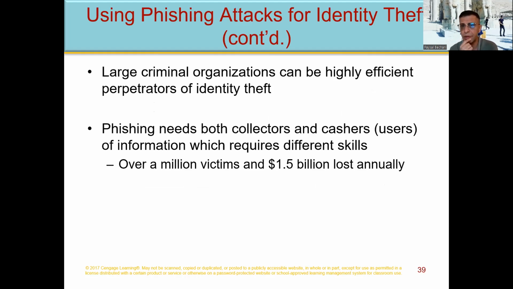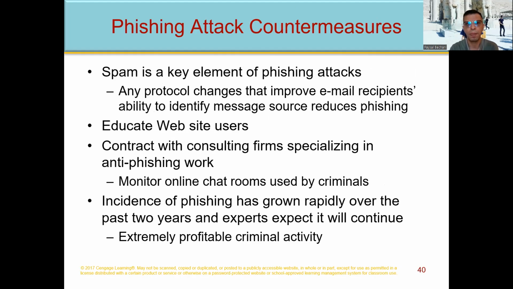Large criminal organizations can be highly efficient, and as you saw in the video, they are perpetrators of identity theft. Phishing needs both collectors and cachers, users of information, which require different skills. There are over 1 million victims and 1.5 billion lost annually. Spam is a key element of phishing attacks. Any protocol change that improves an email recipient's ability to identify the message source reduces phishing.